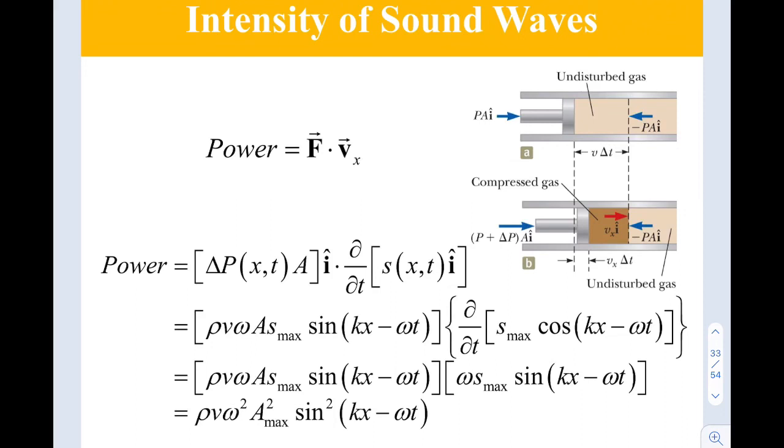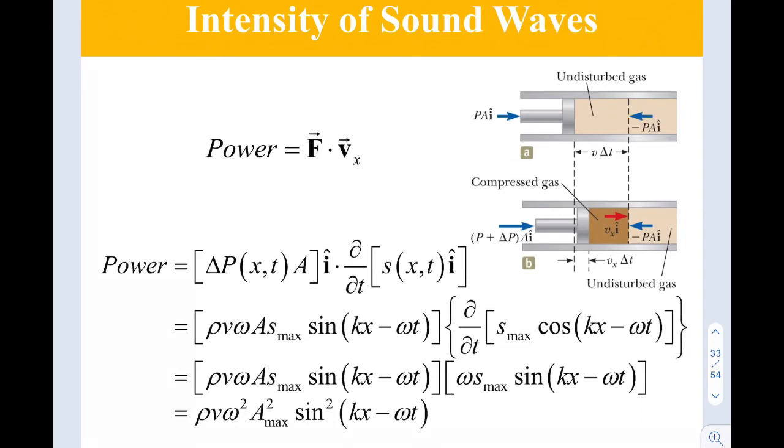Intensity of sound wave: we know that power is equivalent to F dot V, and if we refer to this diagram, the same diagram as the previous slide, where we have undisturbed gas, and now we disturb the gas by applying a certain amount of force to the piston, and it is going to move to the right by the distance of x.